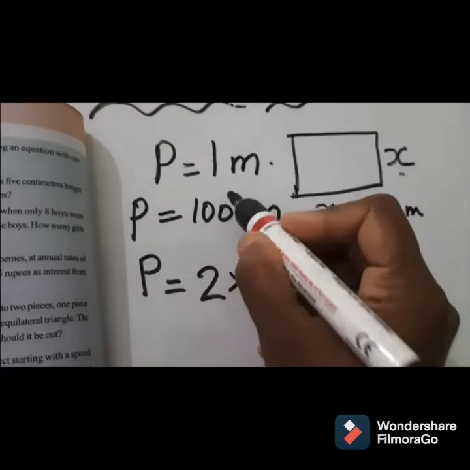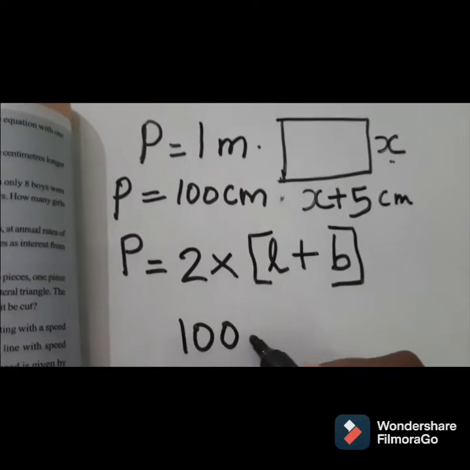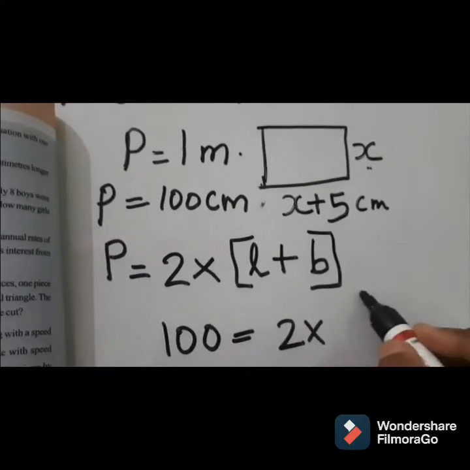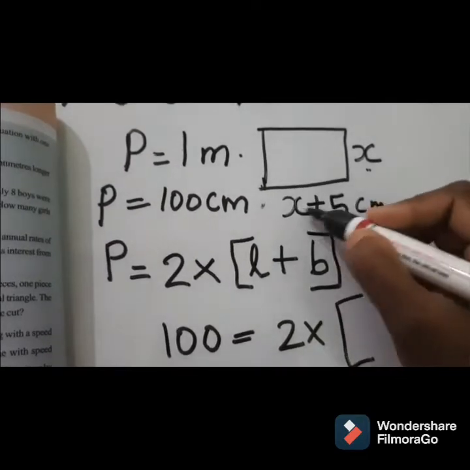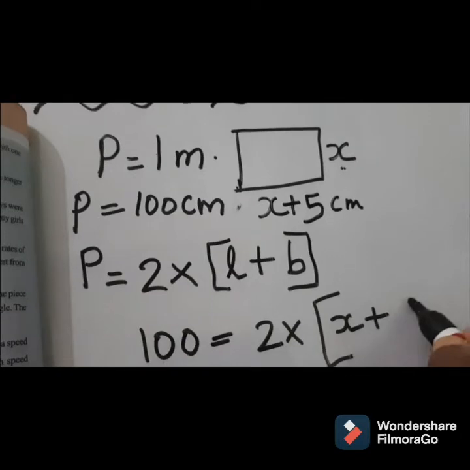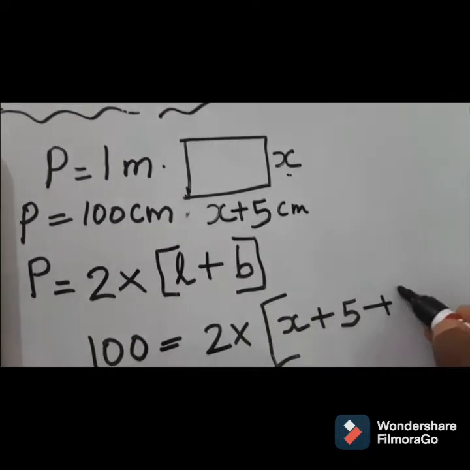So, what is the perimeter? We can write 100 equal to 2 into, what is the length here? Length is x plus 5. Then what is the breadth? Breadth here is x.